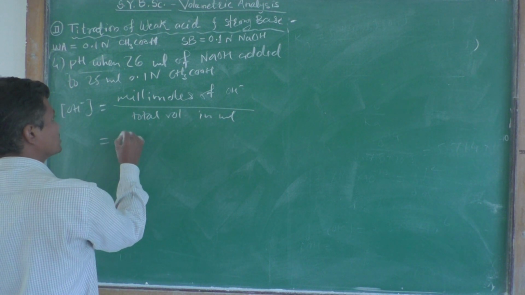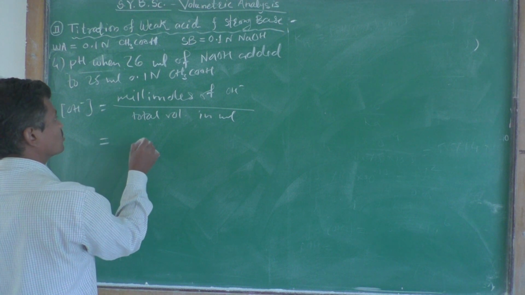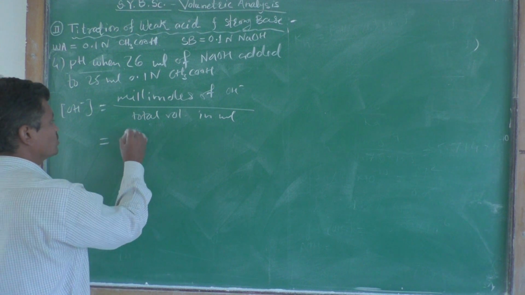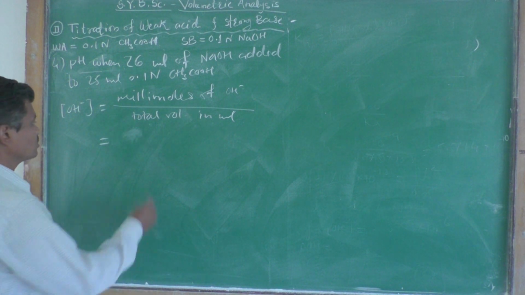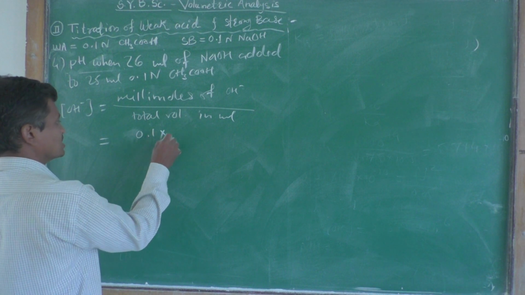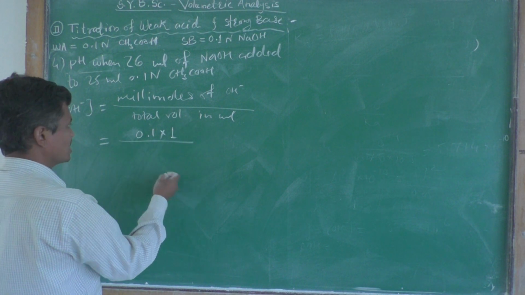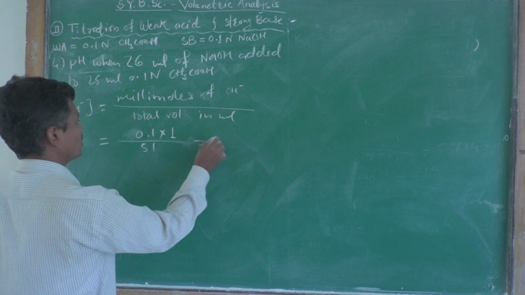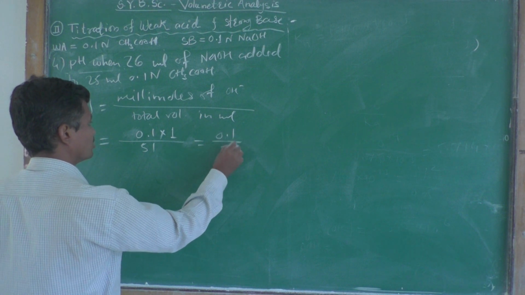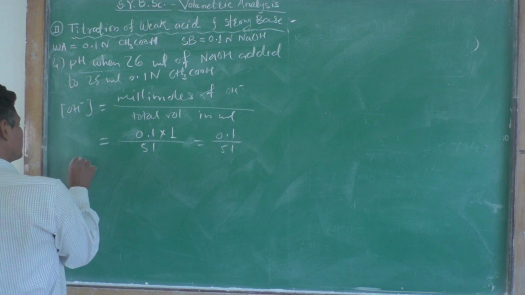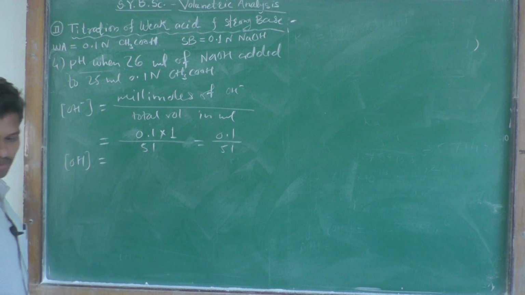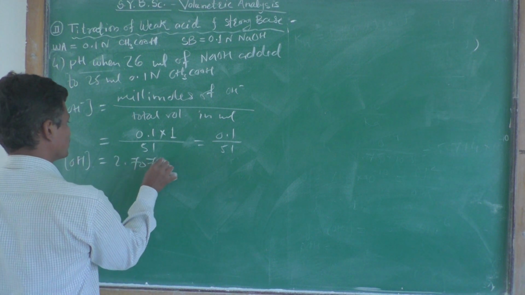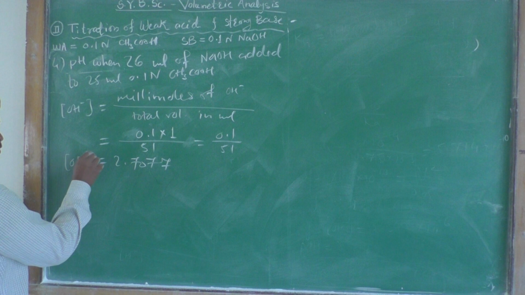So millimoles of OH minus: the concentration is 0.1 into 1 ml extra, and the total volume is 51. So 0.1 into 1, which is 0.1, divided by 51, and hence the OH minus ion concentration becomes 0.00196 molarity.